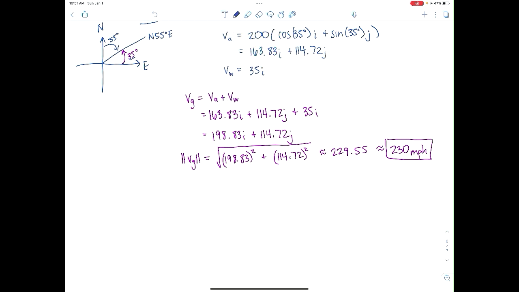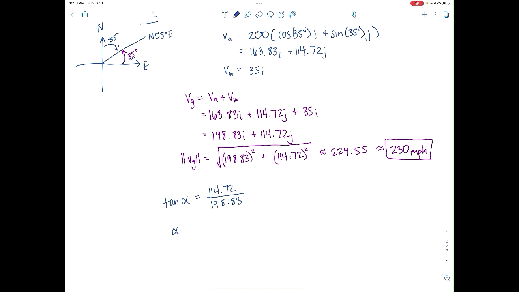So what we'll do in order to find our angle is we'll take tangent of alpha, and remember tangent is y over x, so we have 114.72, and we're putting that over the 198.83. And if we want to find alpha, that means we have to take the tangent inverse of everything.